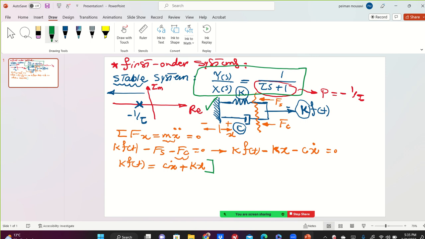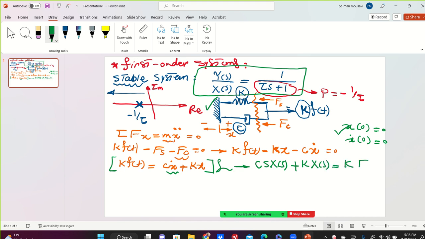If you apply the Laplace transform, and knowing that the initial value of the displacement and the velocity at time 0 is 0, what you get from here is C times the Laplace of x dot, which is s x of s, plus K x of s, equals K F of s in the frequency domain.